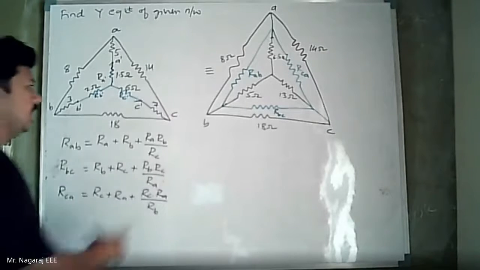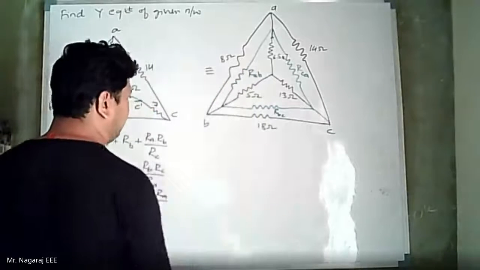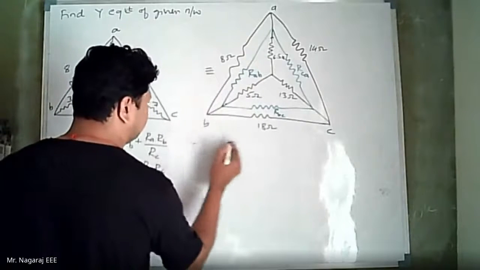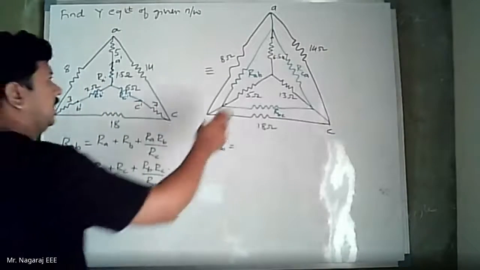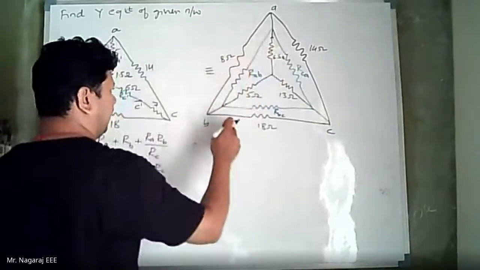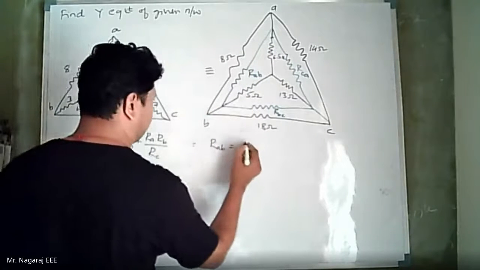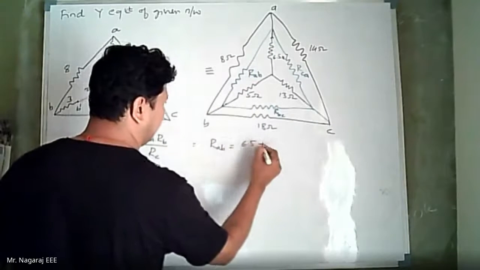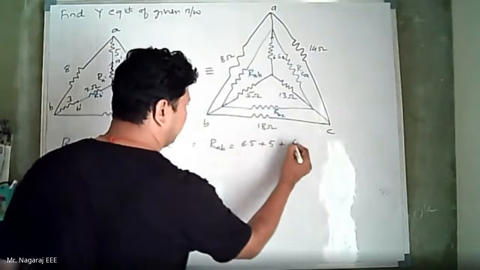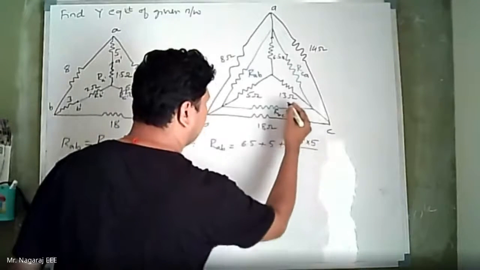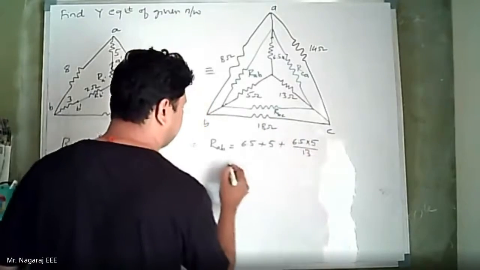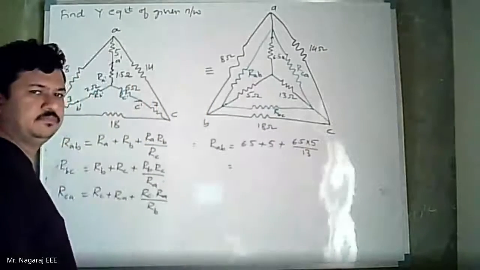Now I need RAB. So from this, RAB, as per the formula, is equal to RA, which is 6.5 ohm, RB is 5 ohm. RA plus RB plus RA into RB divided by RC, that is 30 ohm.